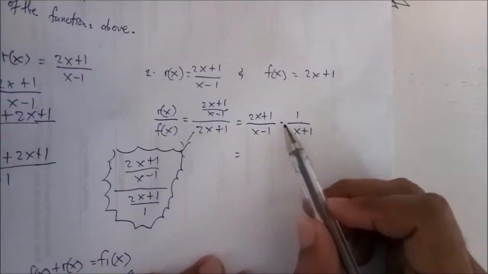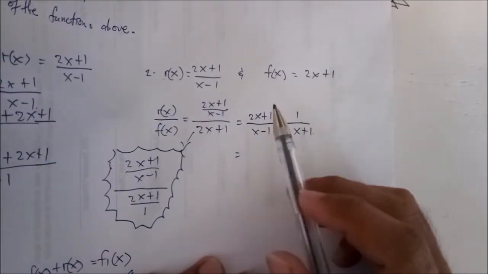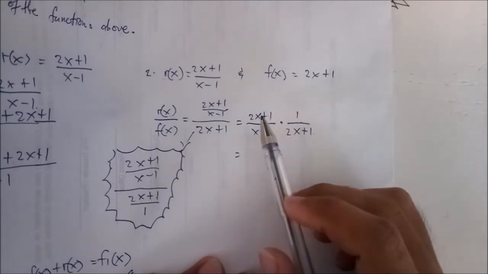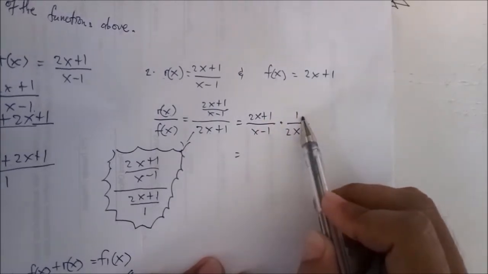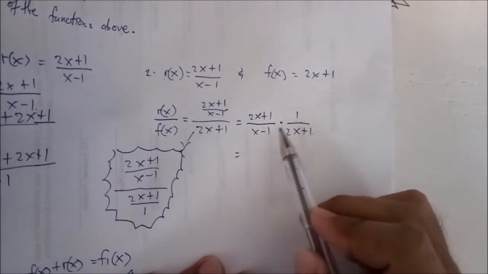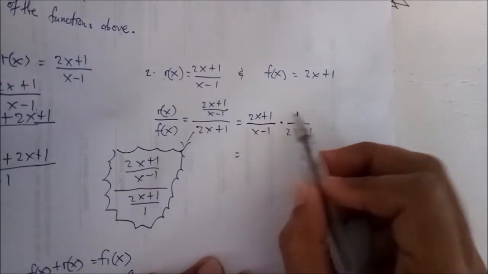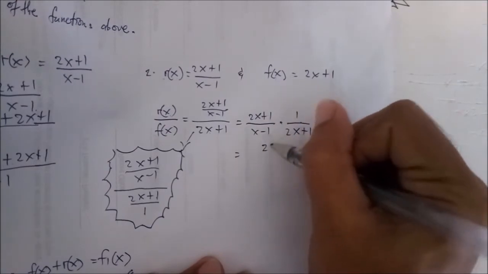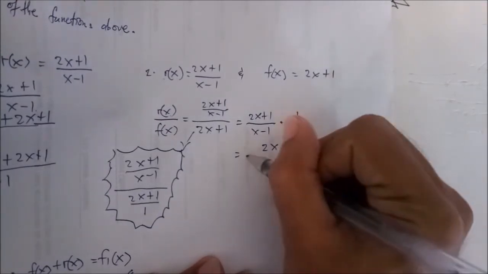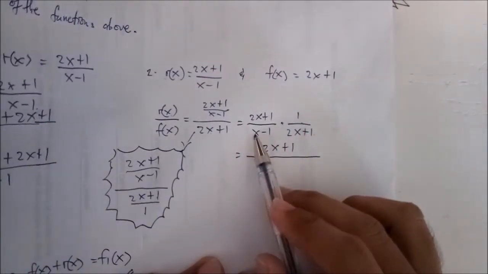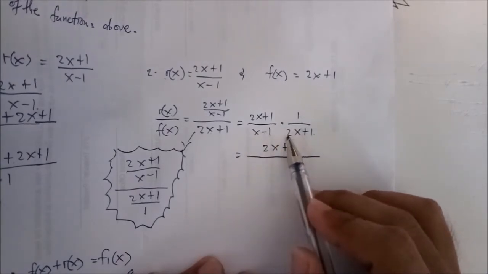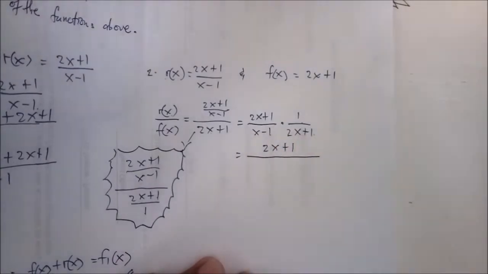Continue. Then multiply the numerator times numerator, denominator times denominator. So 2x plus 1 equals 2x plus 1. And the denominator is x minus 1 times 2x plus 1.